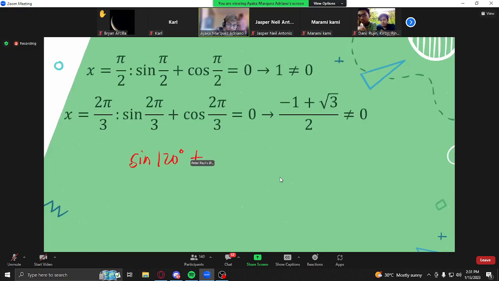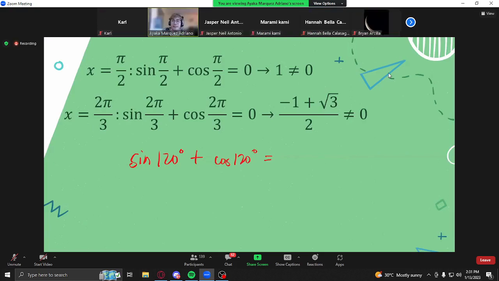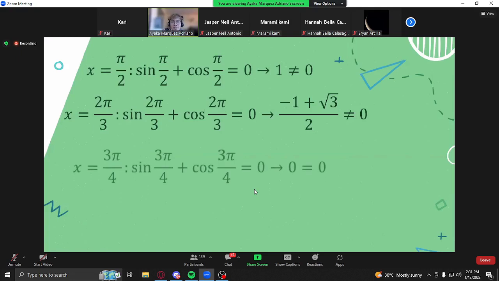Sine 120 degrees plus cosine 120 degrees. Ano yung tamang sagot? Hannabella? -1 plus square root of 3 over 2. Tama. So ganun yung magre-reflect sa calculator niyo. May sagot ba dyan? Parang hirap naman hanapin ang sagot, di ba?